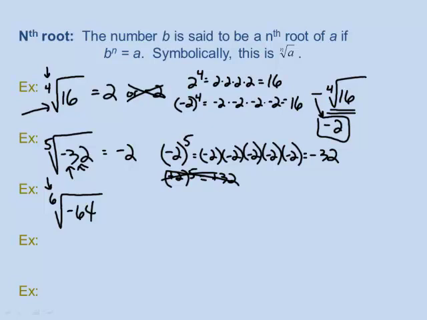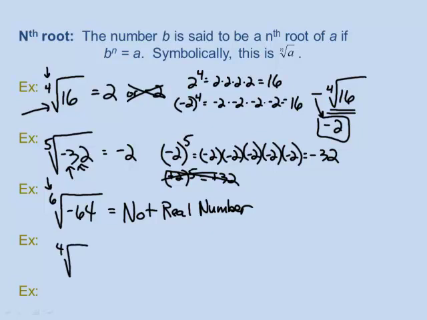And if you're talking about negative numbers, an even number of negative numbers also gives you a positive value. So because this is an even root, it's a root of 6, you will never get a negative value out. And so this, like square root, gives you not a real number for the even root of a negative radicand. There's not a real number that is an answer to that.